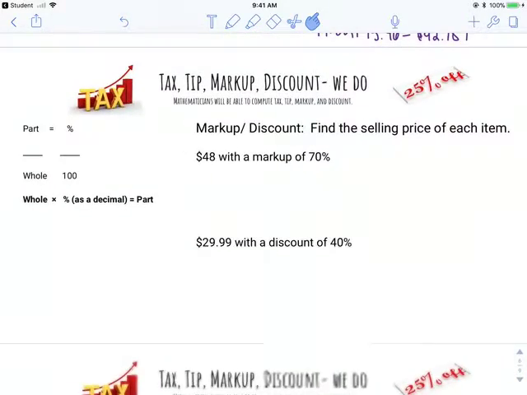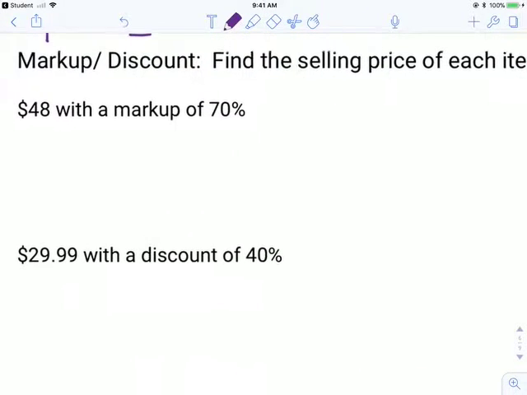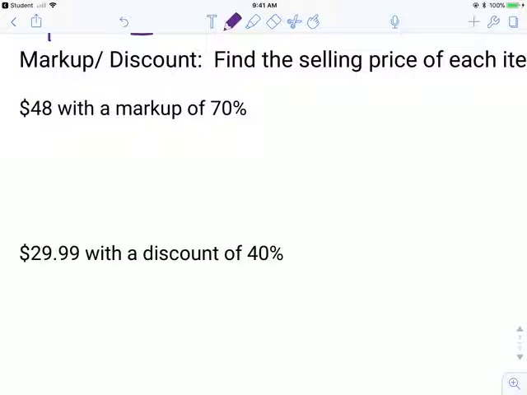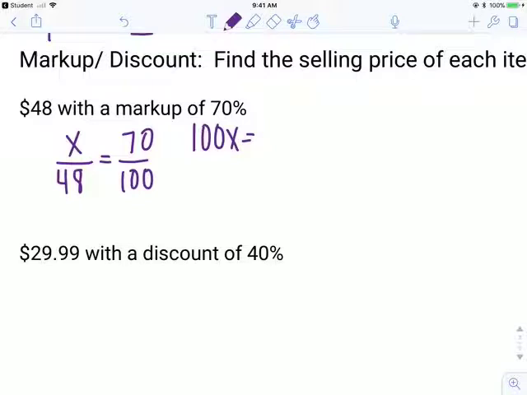Okay, now we have our next slide, which is markup and discount. Remember, markup we're still adding, discount we're subtracting off our total. So with markup and discount, it's just a two-step process. We're still doing part over whole to find the markup, percent over 100 to give our percentage. Once again, still cross multiplying. 48 times 70 is 3360.